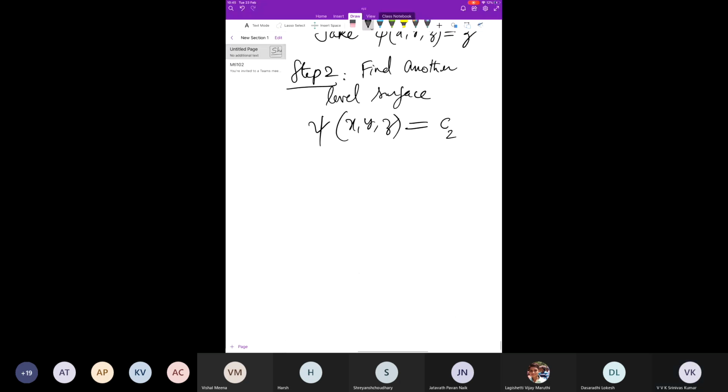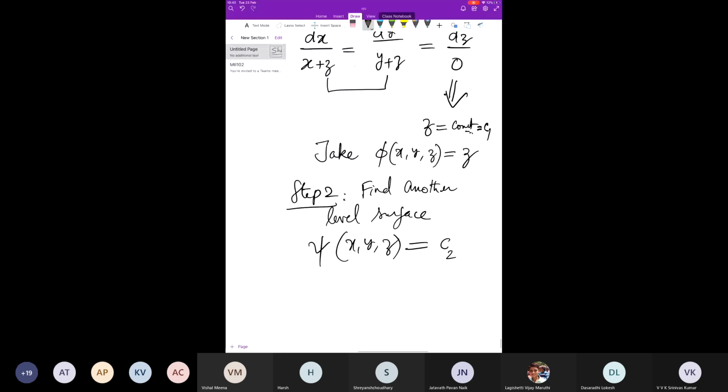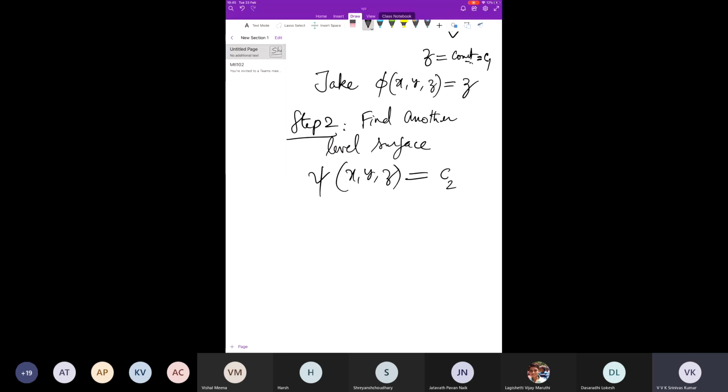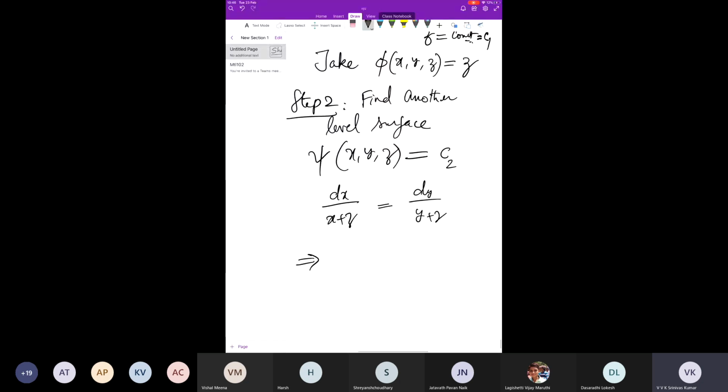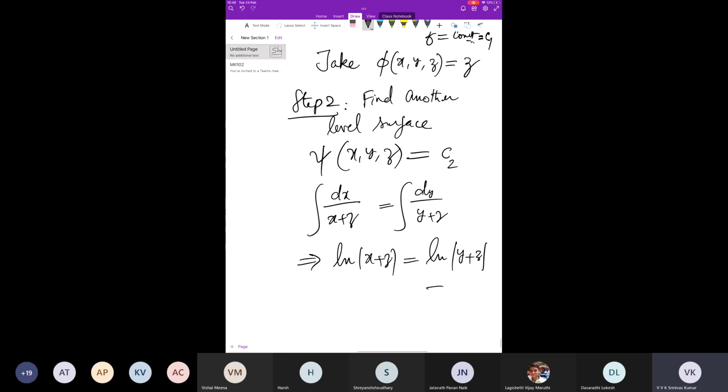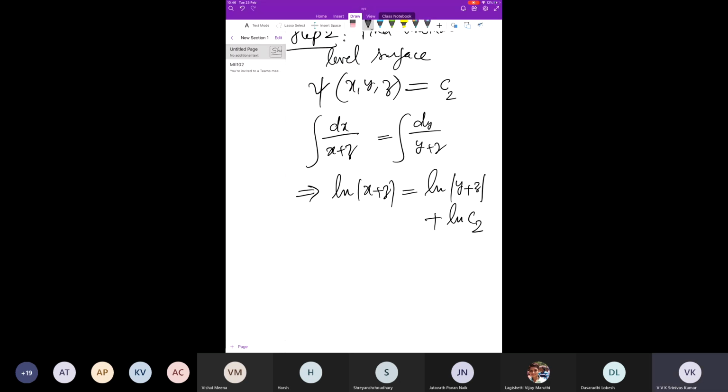Take these two expressions and integrate both sides. Integrating both sides, dx upon x plus z is equal to dy upon y plus z. This implies ln mod x plus z is equal to ln mod y plus z plus ln c, some constant. But z is equal to constant c1.